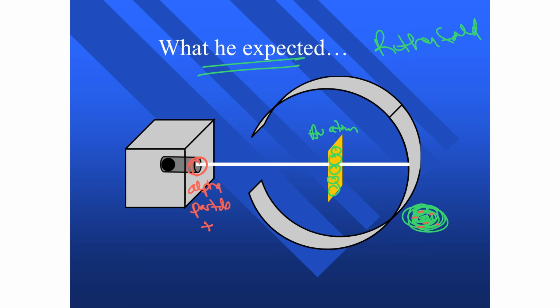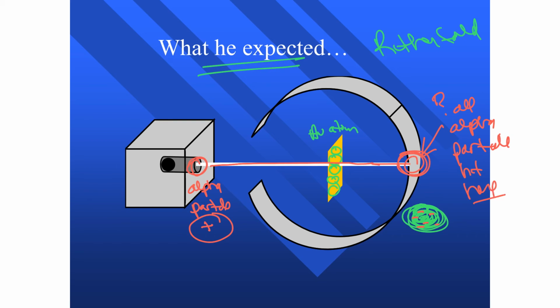So what he thought was this alpha particle, this alpha bullet, would go straight through the negative part of the atom, and he could tell that because he could tell where it hit. And so he thought, this is his idea, he thought that all of the alpha particles would hit right there at that spot. And so he sent his graduate students down to do this over and over and over.